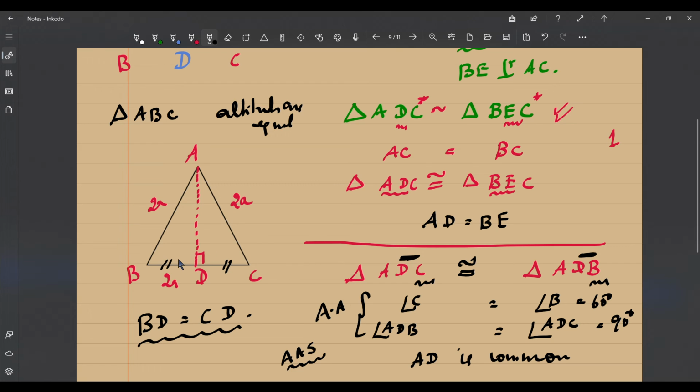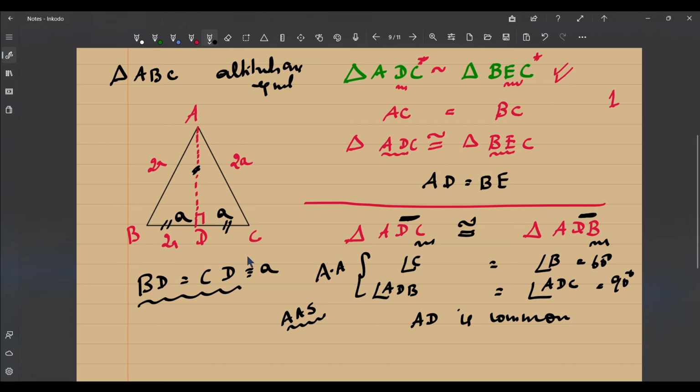So we can now say that BD is equal to a and DC is equal to a. Both of them are equal to a. AD bisects BC. It divides BC into two equal halves. So each one of them is equal to a. Now it's easier for us to find the length of AD using the Pythagoras theorem, because we have a right angle here. What does it say?